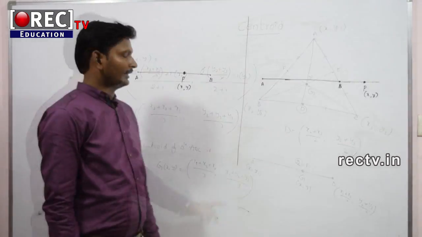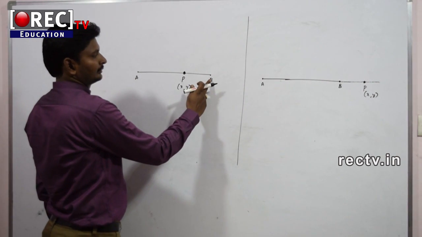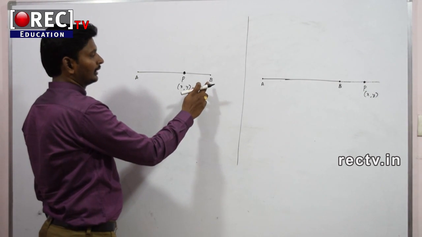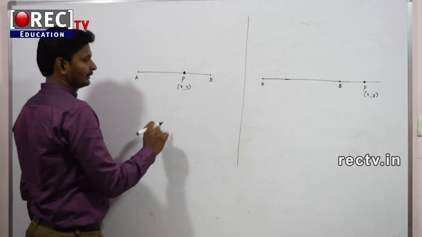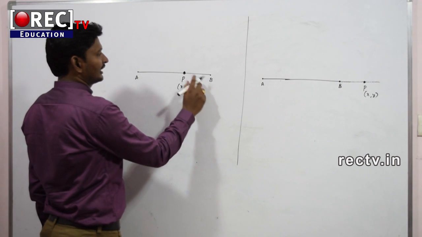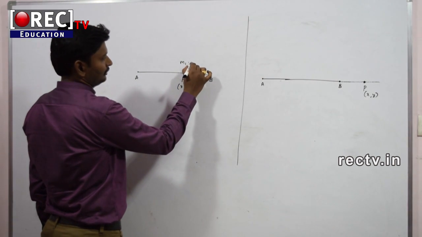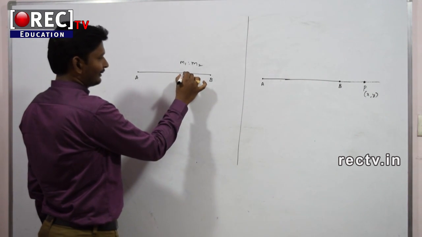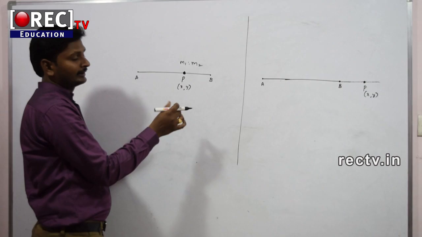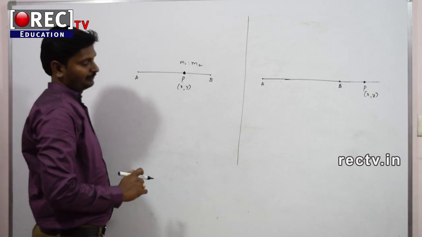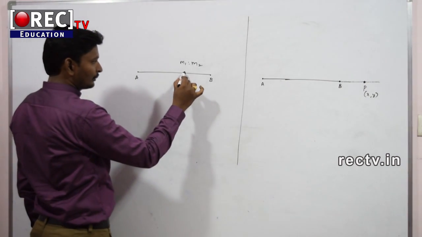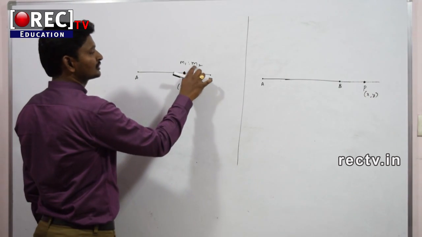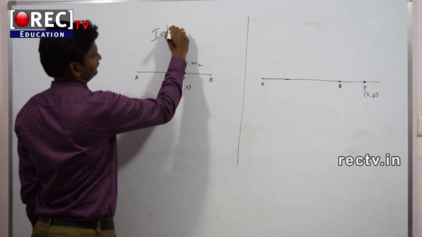Let AB be a line segment, and P is a point on the line segment AB dividing it in the ratio m1:m2. In the first case, the point P lies on the line AB in between A and B. Now we can say that the point P divides the line segment AB in the ratio m1:m2 internally.